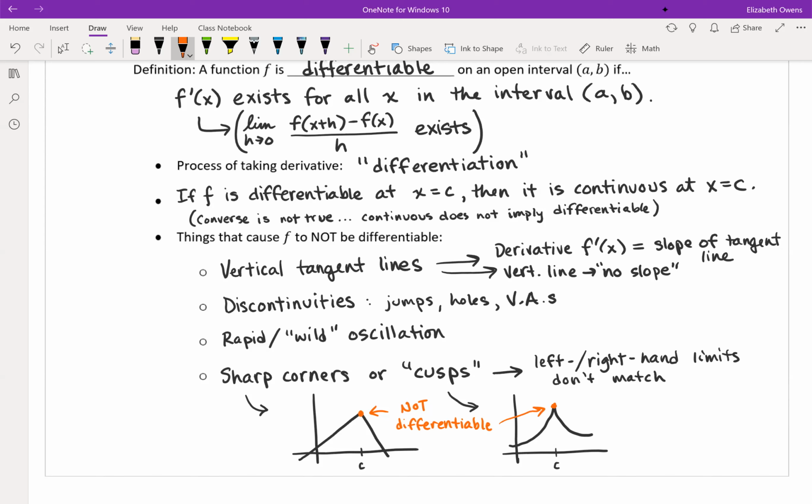Those are sharp corners and cusps. And these four things are really what you need to look for as places where a function is not differentiable. A lot of functions are generally pretty well behaved in this class. So watch out for these certain things: vertical tangent lines, discontinuities, oscillation, which we don't even see that much, wild oscillation doesn't happen too often, and then these sharp corners or cusps. So there you go.